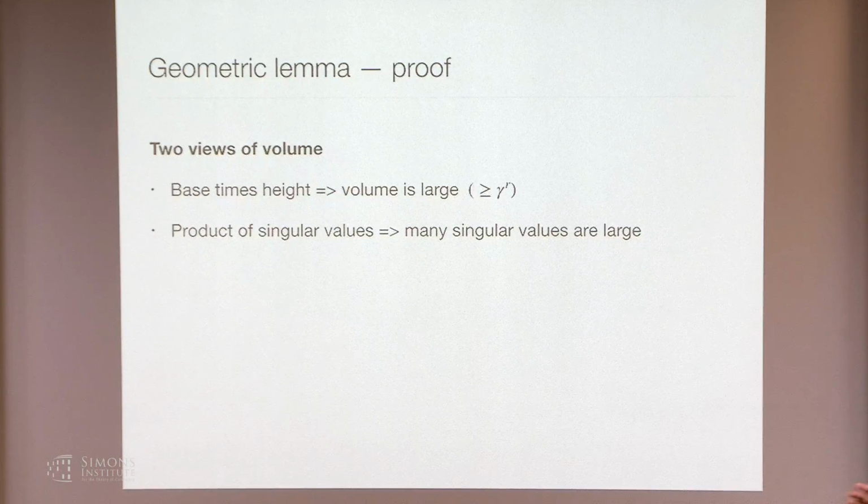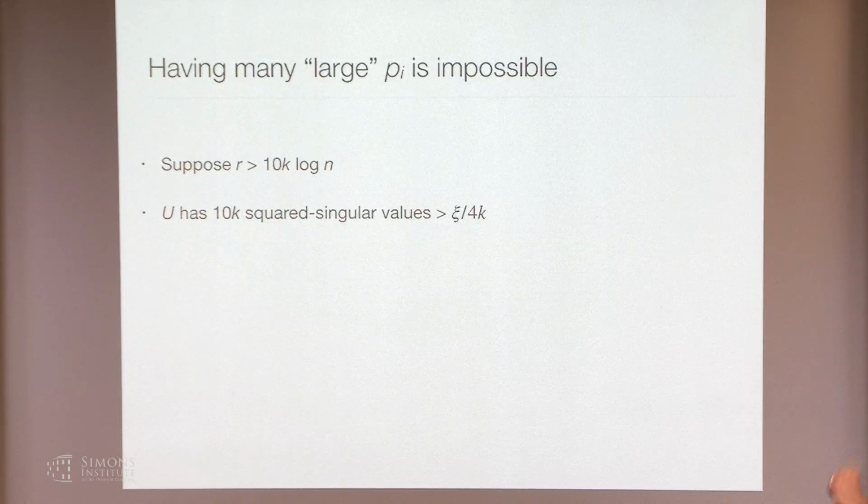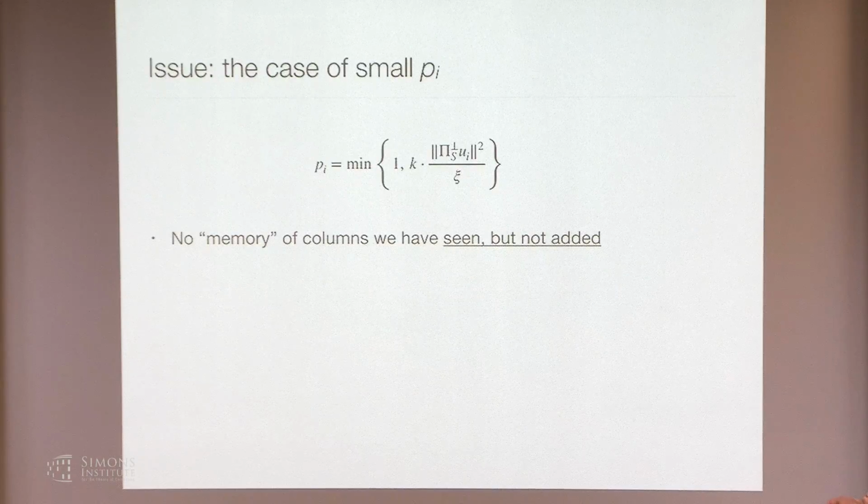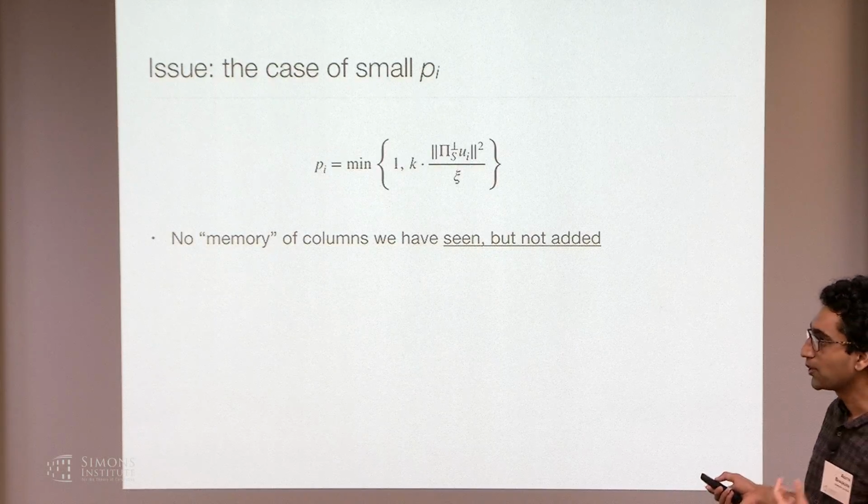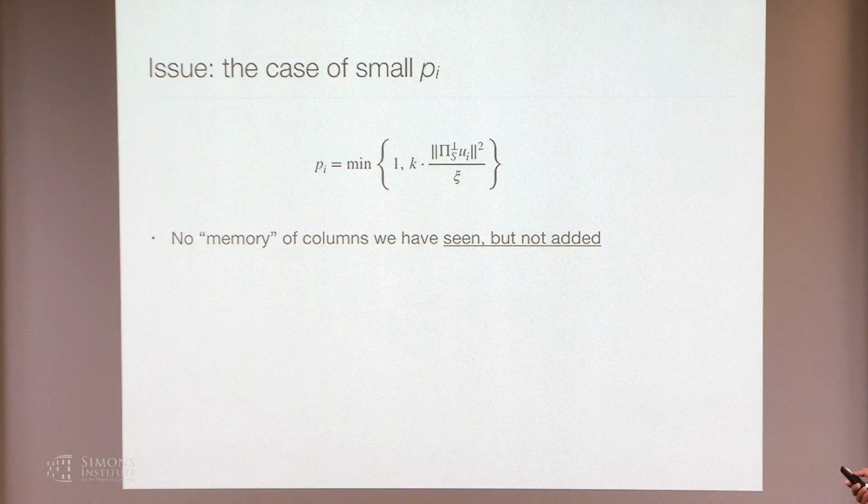So that's what we can show: having many large PIs is not possible. Before we move on, I want to mention one brief issue with the case of small PIs. We said large PIs is okay, and PI is defined like this. The problem, and the reason we can't analyze this algorithm fully, is that if you have a bunch of columns that have small PIs, we don't sample them, but we also don't have any memory of what those columns were.